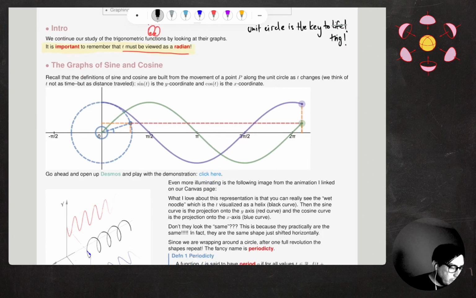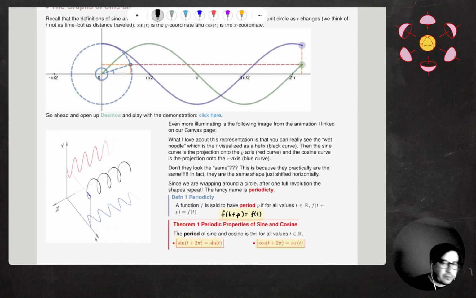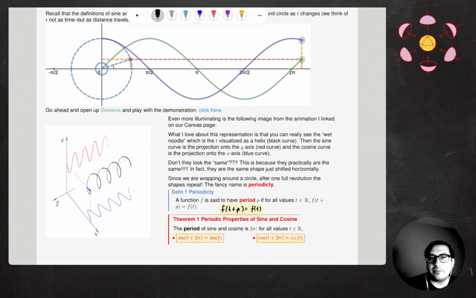All right, so what is going on here? Before we jump into it, let's do things by hand. I really love this animation. You can see it on Canvas moving, but here's just a screenshot of it. You can see the corkscrew or helix looking curve, that is going to be our t. And then we have this wiggly curve in blue.